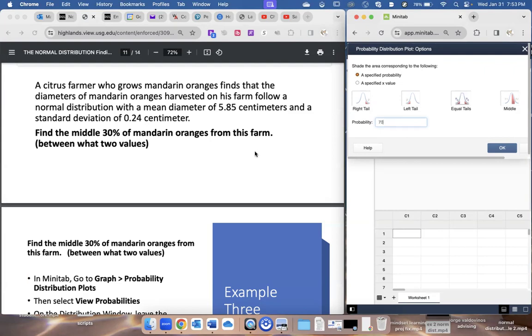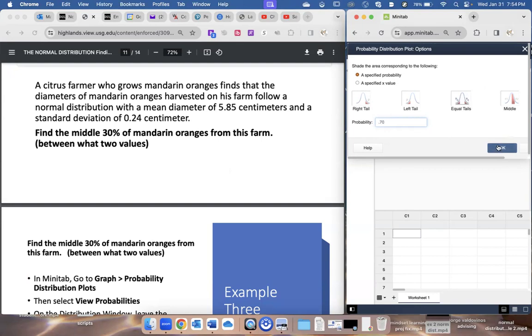But if you think about it, if you have 30% in the middle, then you have 70% on the outsides here. Look at this picture here. So if this is 30% in the middle, then this has to be 35 and 35 if the tails are equal, and if it's in the exact middle, then the tails would be equal. So the probability is 70%, which is 0.70.